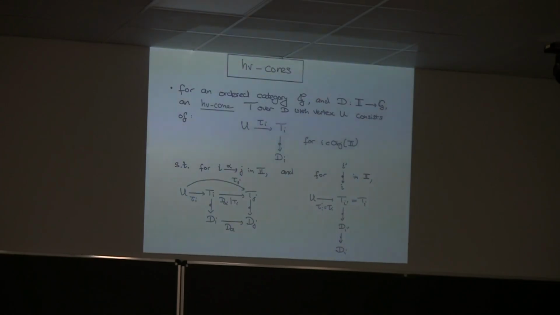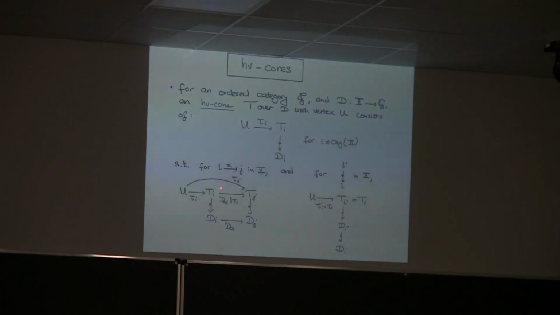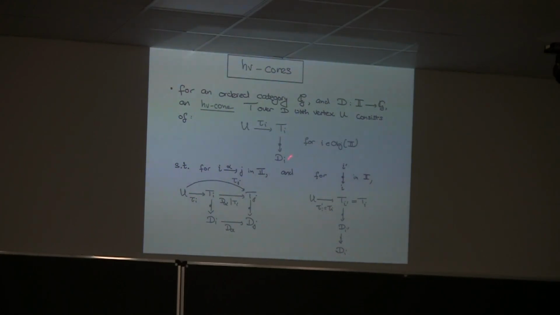So first, HV cones. The components of my cone are not going to be just a single arrow, but they can be these corners of a horizontal arrow followed by a vertical arrow. And to be a cone over a diagram means that for every horizontal arrow in the diagram, if I take that arrow and restrict it to the vertical part of the cone arrow, then that's composed with the horizontal part to give me the horizontal part of the other one.